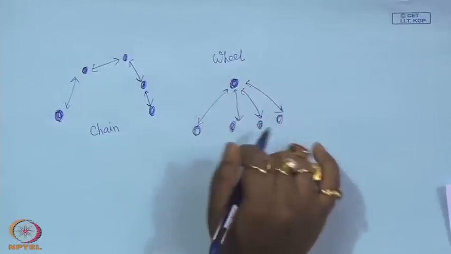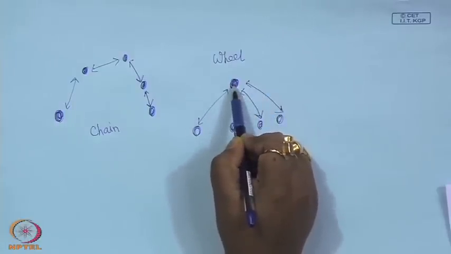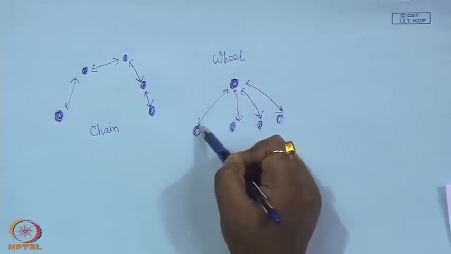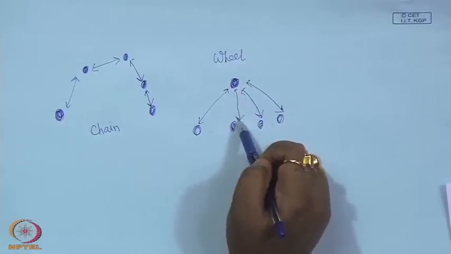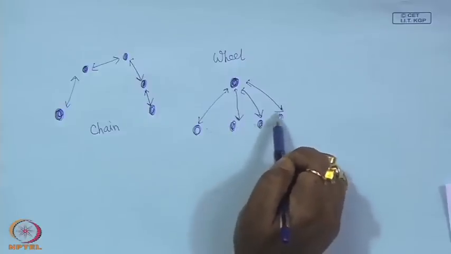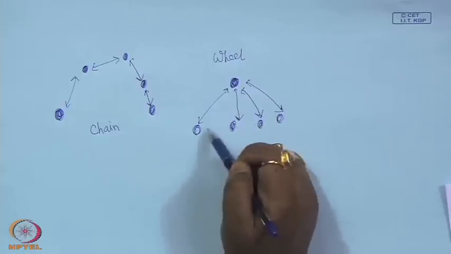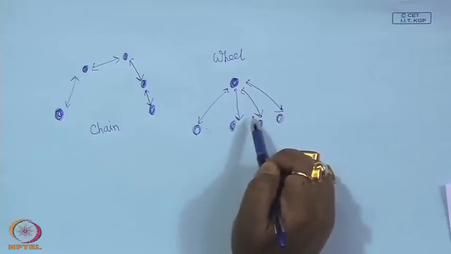This is called the wheel of communication. The leader is central to this communication process. Communication gets directed towards the leader and comes back from the leader. There is no linkage between the followers; they are not communicating with each other.